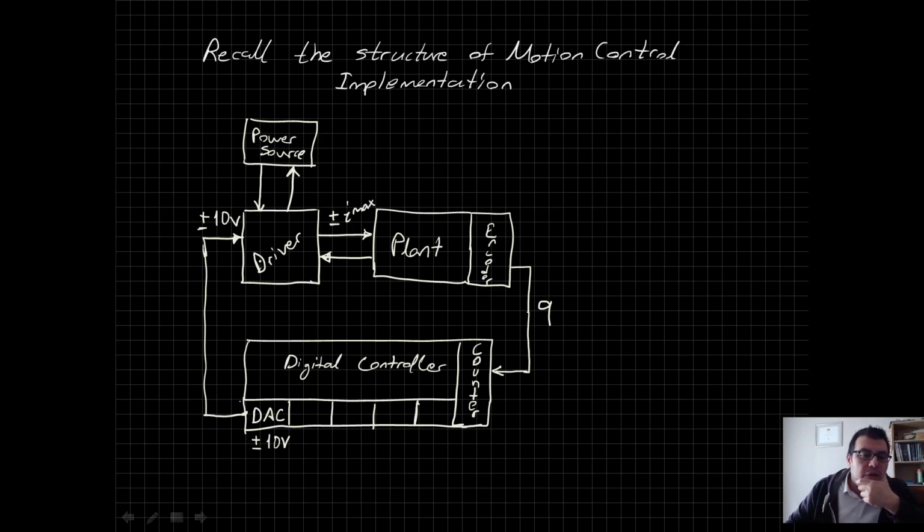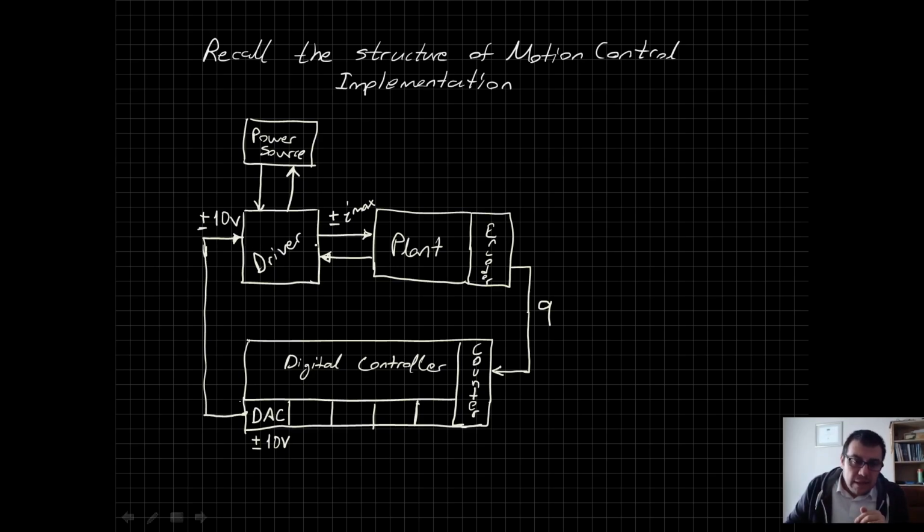So you can think of it as a way to scale the power. For example, 0 volts corresponds to 0 current at the plant. Plus 10 volts corresponds to plus maximum current, so that's maximum torque in one direction, and minus 10 volts corresponds to minus maximum current, so that's the maximum torque but in the reverse direction.